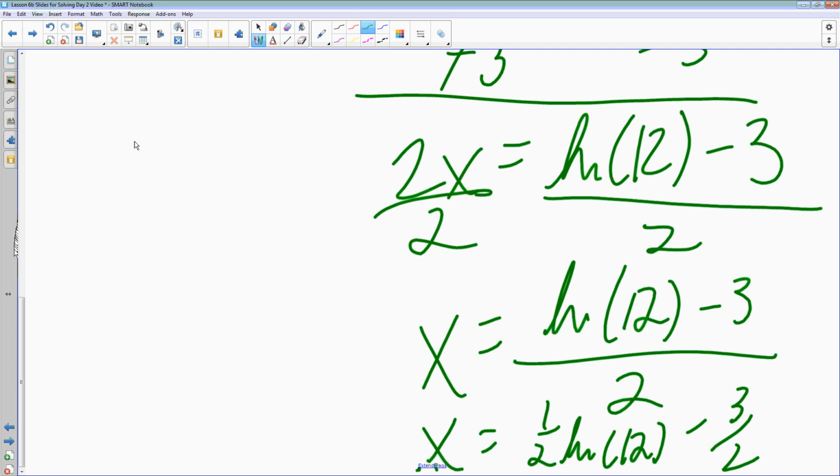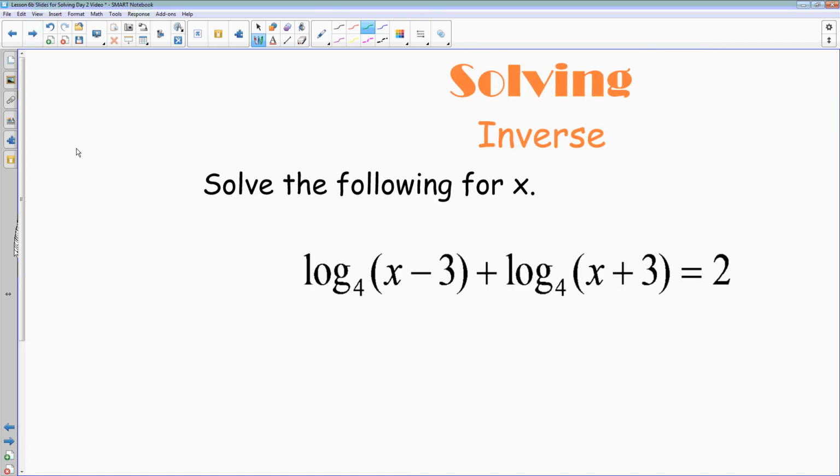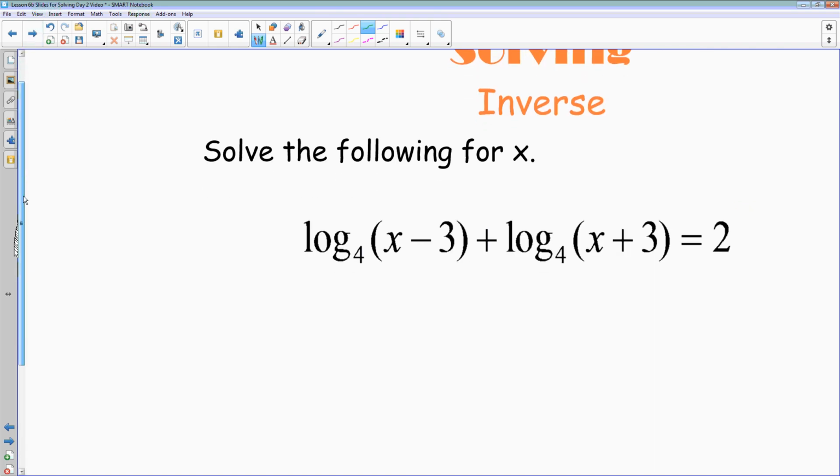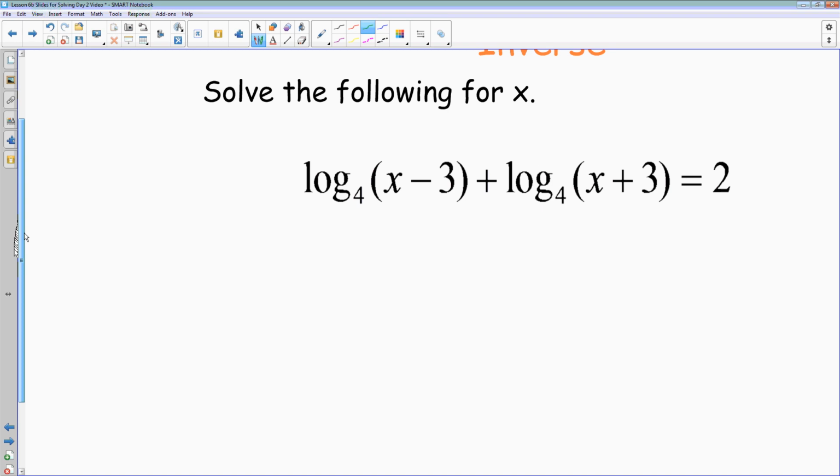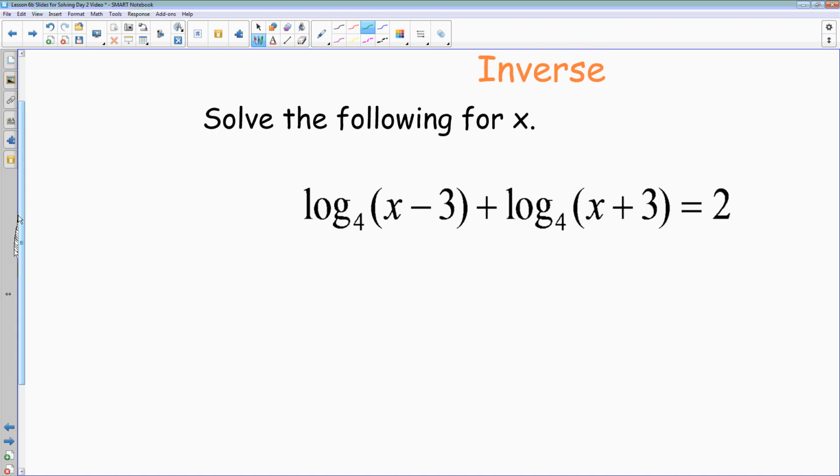All right, last problem here. With this particular problem, you'll notice that we actually do need a check because there will be an extraneous solution. So we have log base 4 of (x - 3) plus log base 4 of (x + 3) equals 2. Again, we see the plus sign, so we know that's the product property.